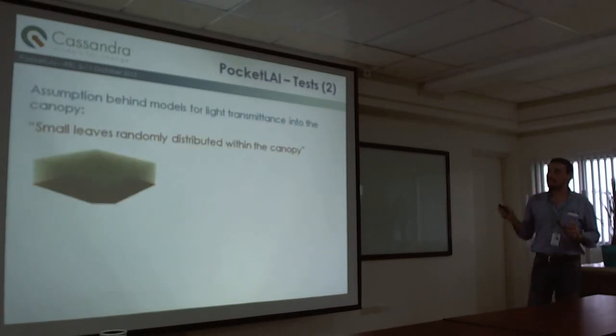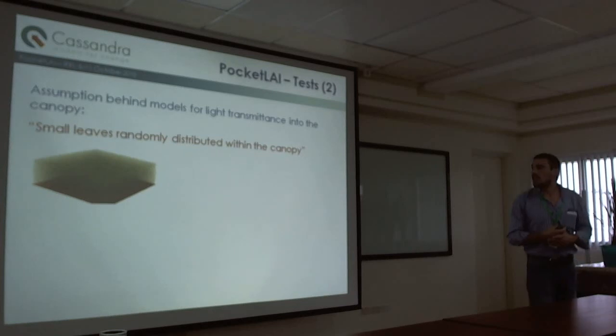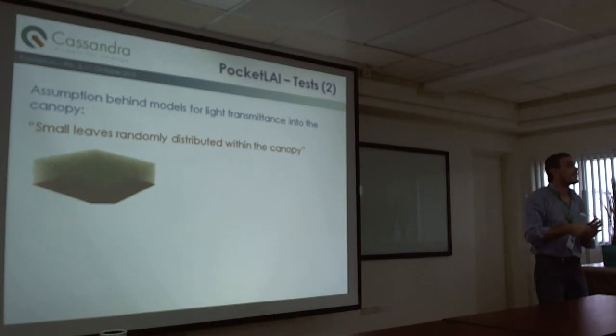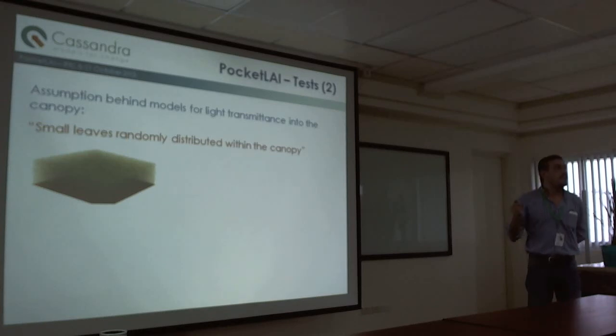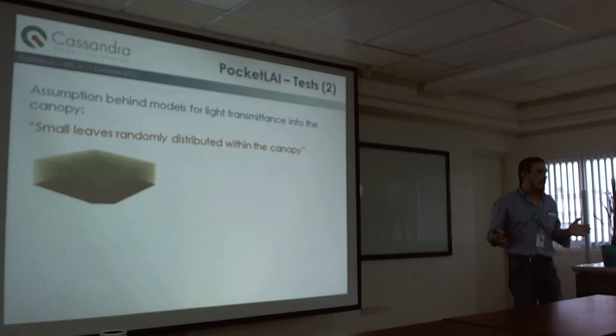Okay, the second test we performed. This is the assumption behind each method for light transmitters into the canopy. You should have infinitely small leaves distributed in a random way within the canopy.